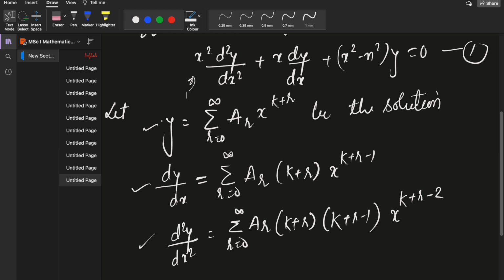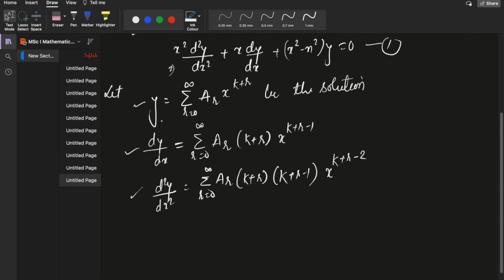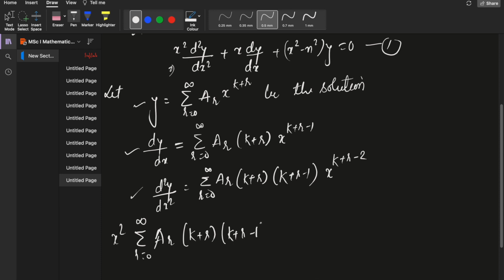So x square times the double derivative of y is the summation r tends to 0 to infinity of ar (k plus r)(k plus r minus 1) x to the power k plus r minus 2.